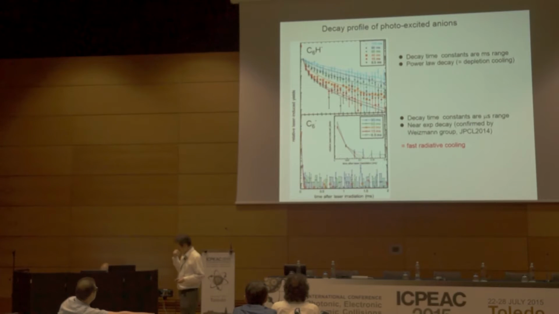And the decay profile is near exponential. So here you cannot see it, but it is really exponential, and this was confirmed later by the Weissman group. Here you can see electronic cooling works for C6 minus, but does not work for C6H minus.